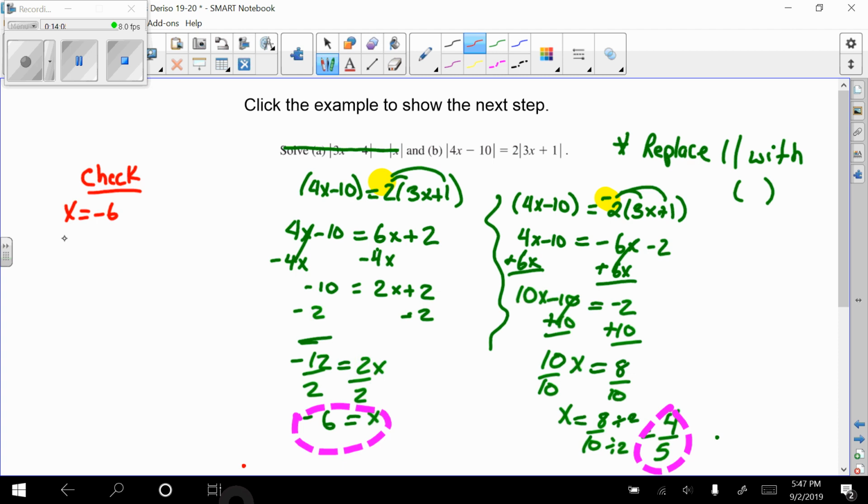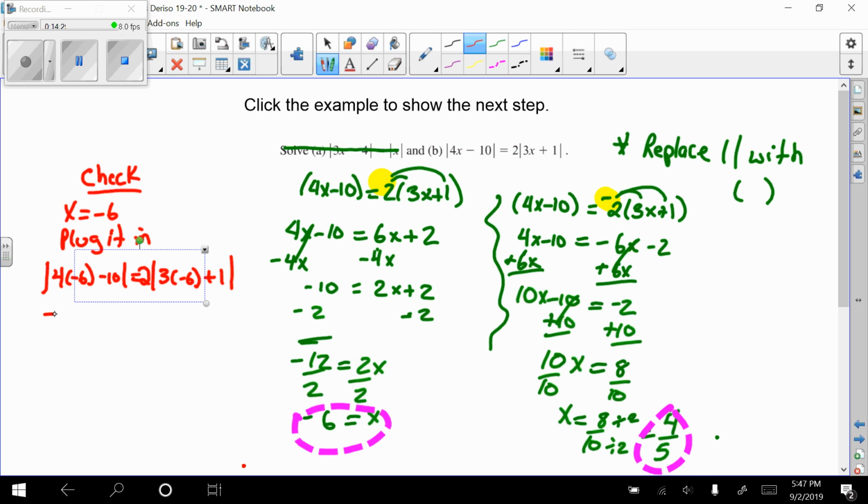So to check it, you plug it in. I am going to say 4 times negative 6 minus 10, and all of that's inside the absolute value sign. Then I have a 2 here, sneaking the 2 in, 3 times negative 6 plus 1 in absolute value sign.